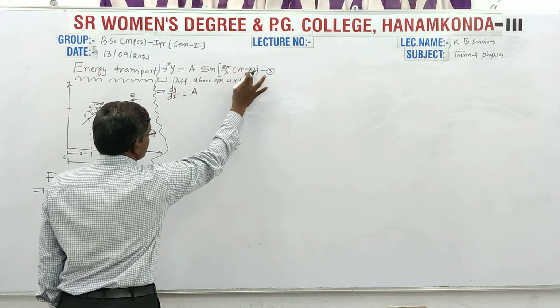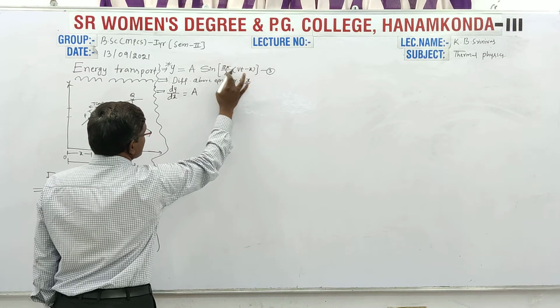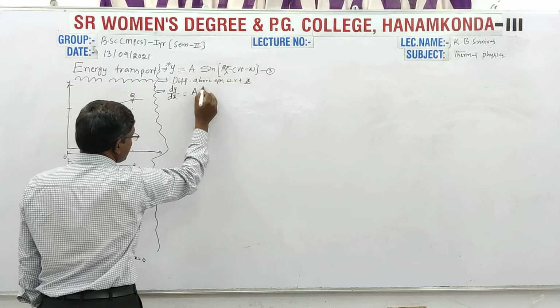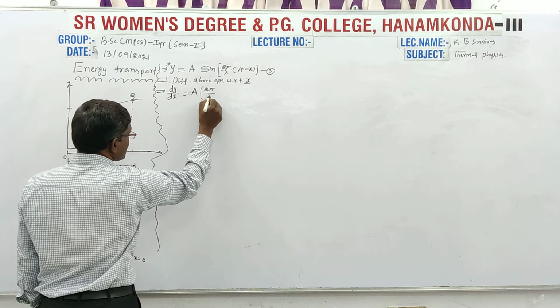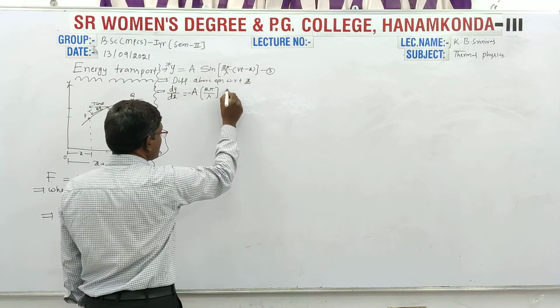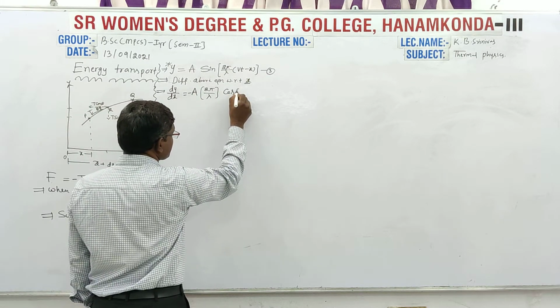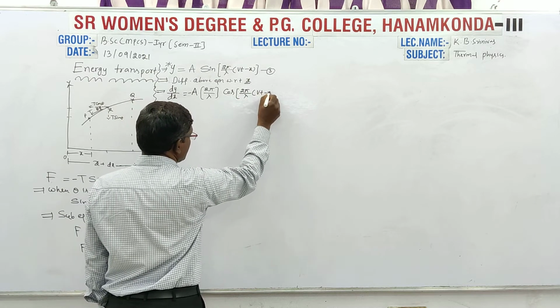We have to differentiate the x only. So minus 2 pi by lambda comes before the equation, and after that, what is the differentiation of sine? Sine differentiation is cos. Cos of 2 pi by lambda of (vt minus x).